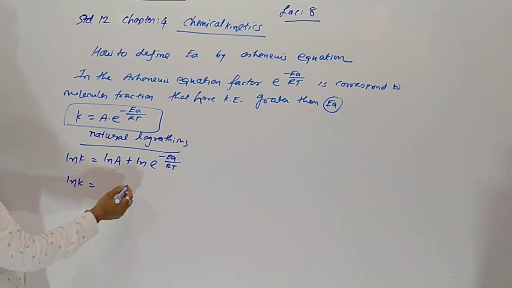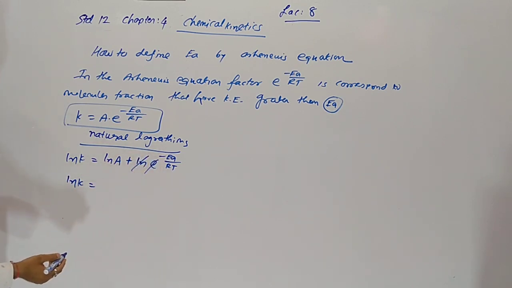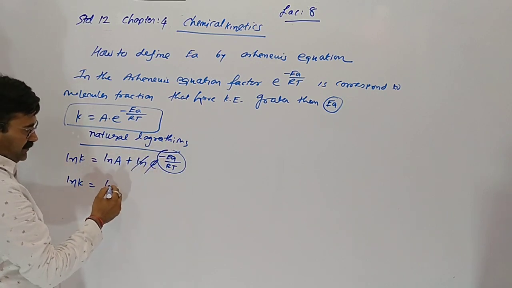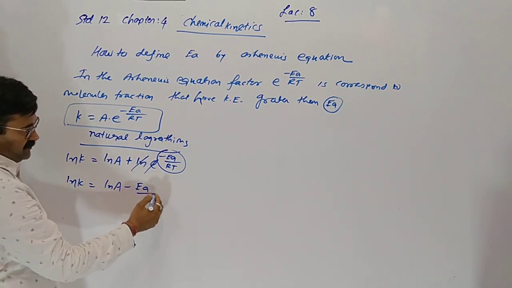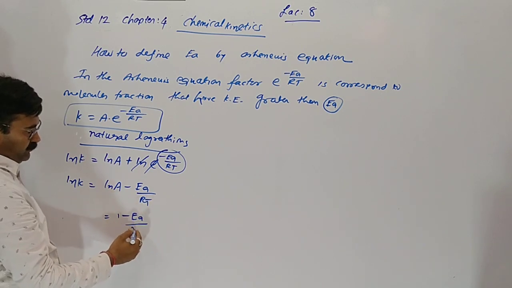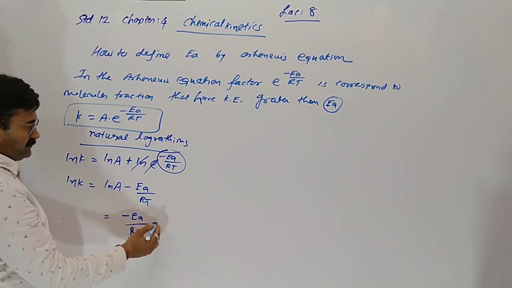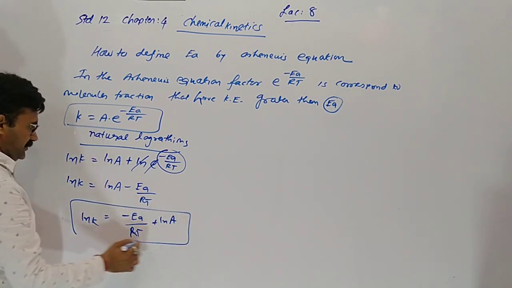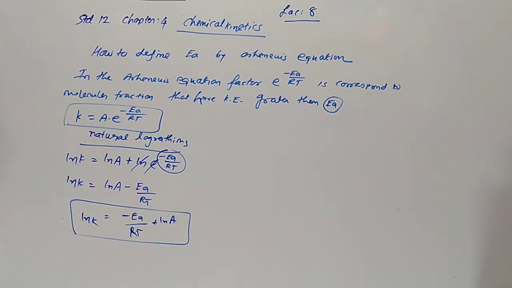So ln e will cancel, and minus Ea upon RT comes as a multiplication. So ln k equals minus Ea upon RT plus ln A. This is our simplified form.